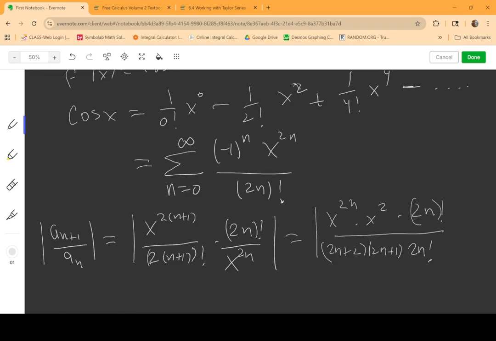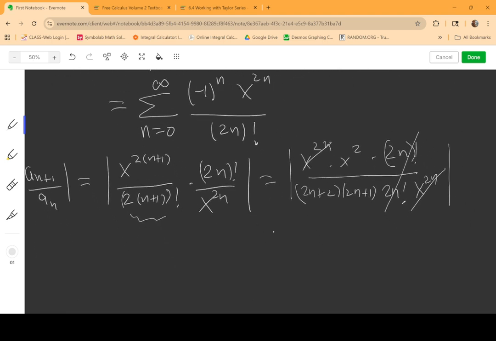Doing the factorial expansion, we can reduce x to the 2n. Simplifying, we're left with the absolute value of x squared over 2n plus 2 times 2n plus 1.